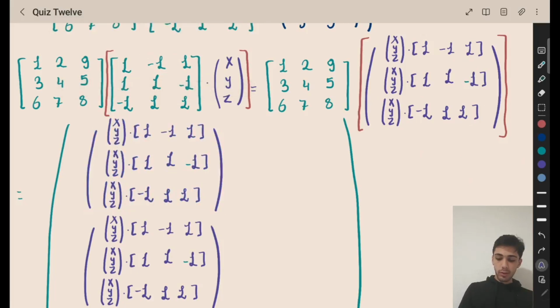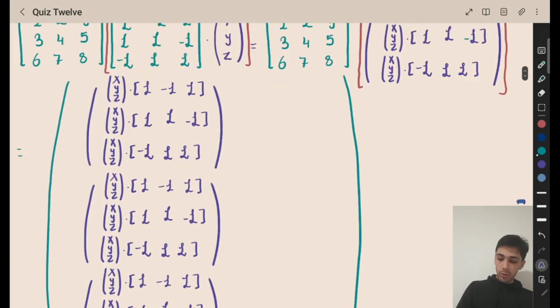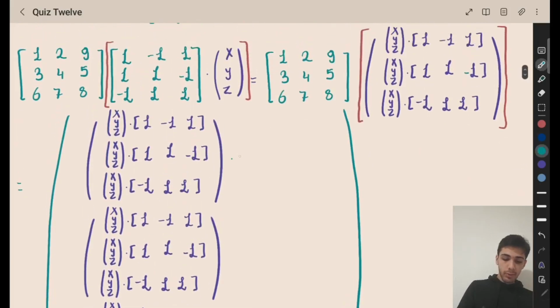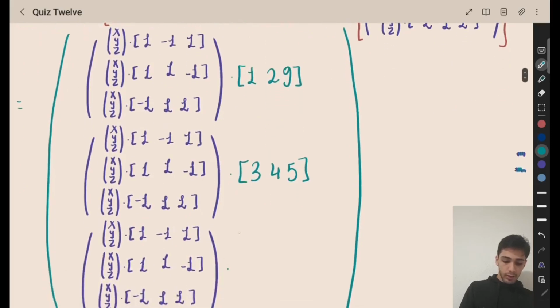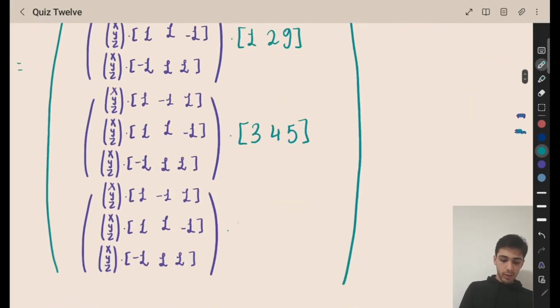It's a weird vector, a very long vector. And now I will multiply it by the respective row in my new matrix. So this is 1, 2, 9. This is 3, 4, 5. And this is the final row in my new matrix. It is 6, 7, and 8.